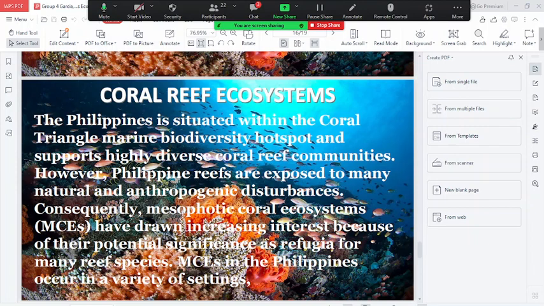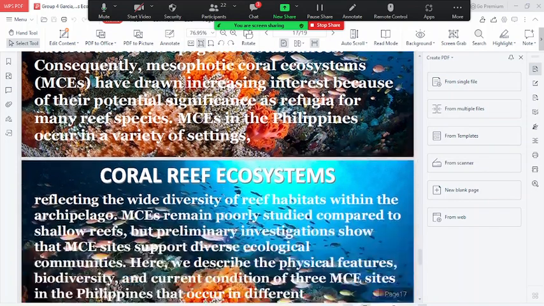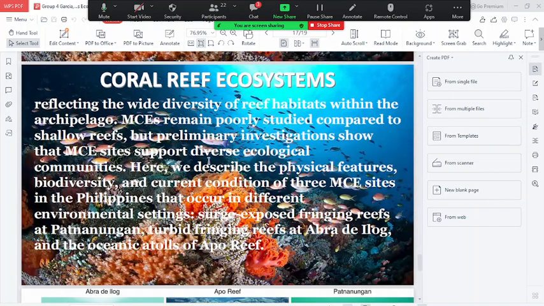Consequently, mesophotic coral ecosystems have drawn increasing interest because of their potential significance as refugia for many reef species. MCEs in the Philippines occur in a variety of settings, reflecting the wide diversity of reef habitats within the archipelago. MCEs remain poorly studied compared to shallow reefs, but preliminary investigations show that MCE sites support diverse ecological communities.